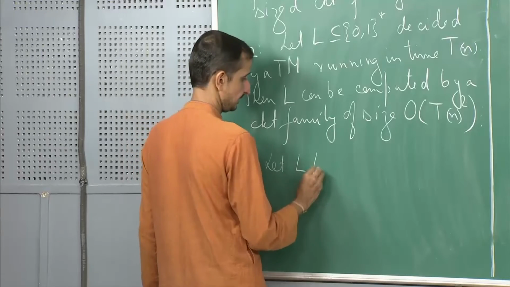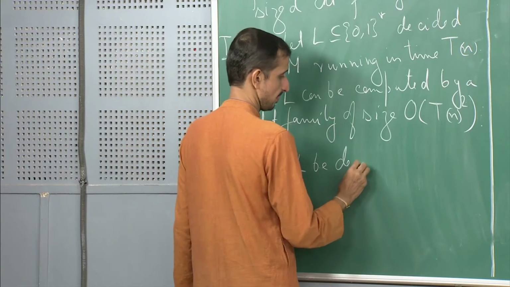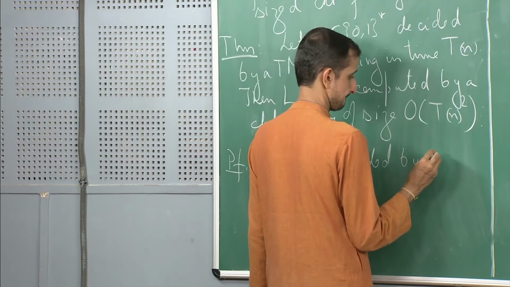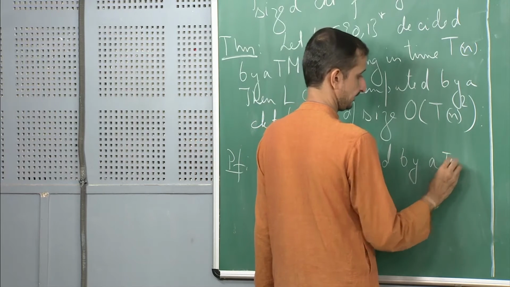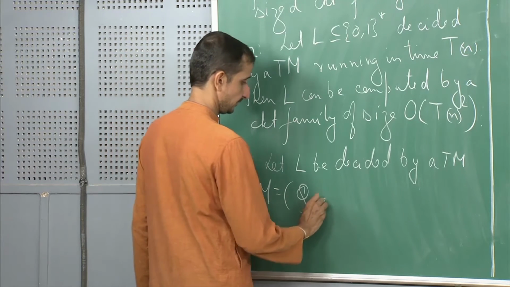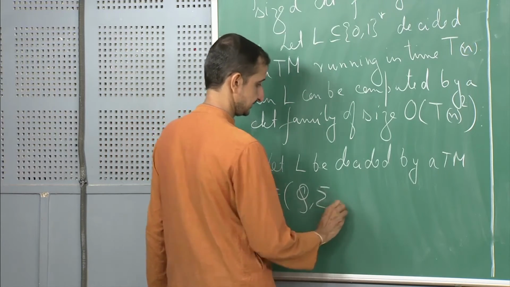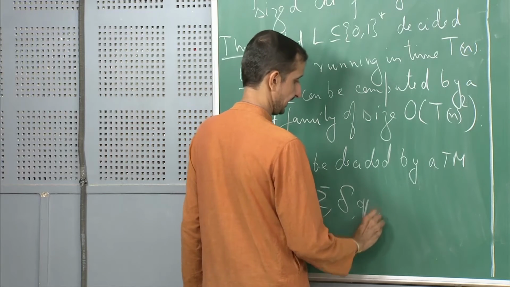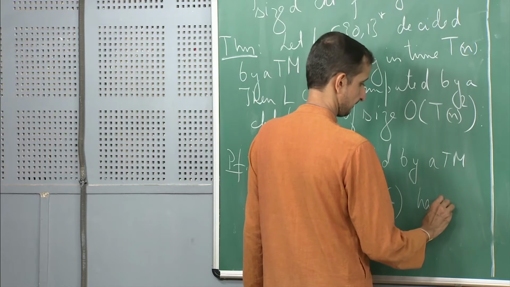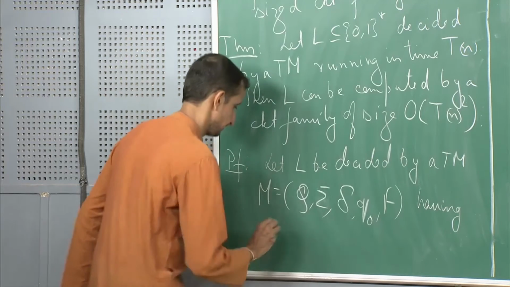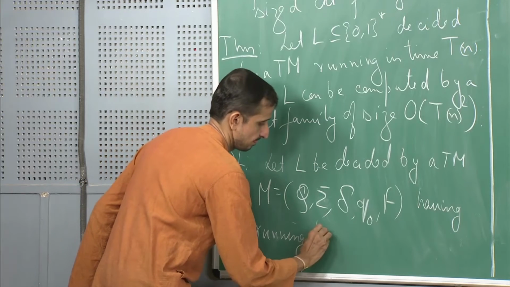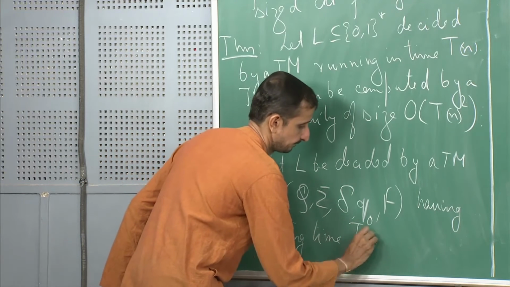Let L be decided by a Turing machine M equal to Q, sigma, delta, q naught, F having running time T of n.